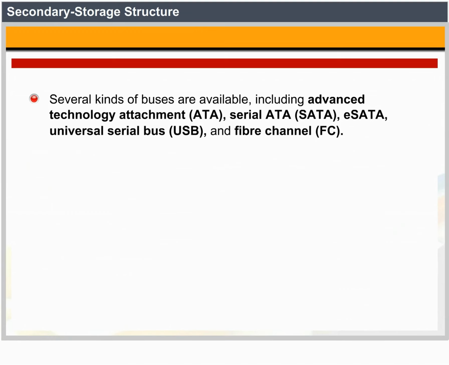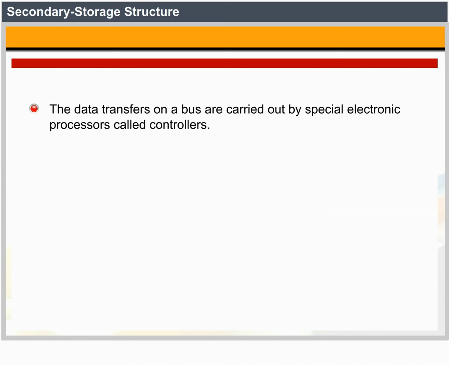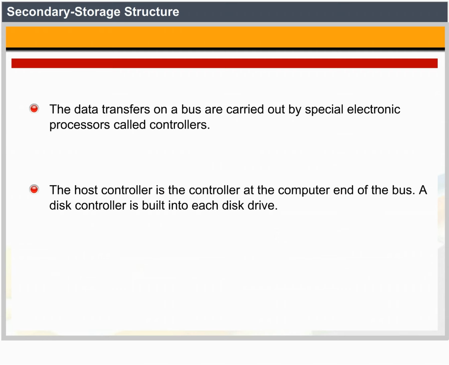The data transfers on a bus are carried out by special electronic processors called controllers. The host controller is the controller at the computer end of the bus. A disk controller is built into each disk drive. To perform a disk input-output operation, the computer places a command into the host controller, typically using memory-mapped input-output ports.